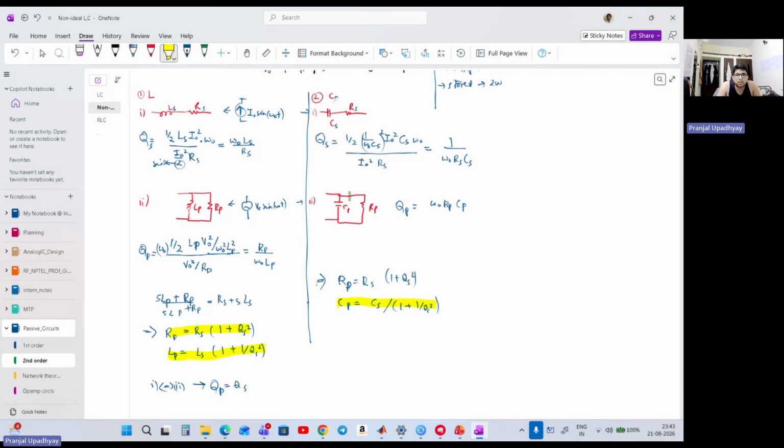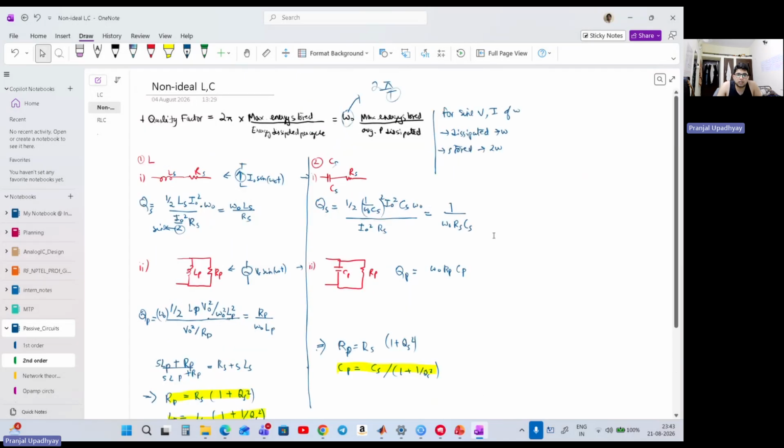Since these two circuits are equivalent, and these two circuits are also equivalent, the Q parallel and the Q series are basically the same. So that is the idea we want to convey, that is how we can express non-ideal LC circuits.